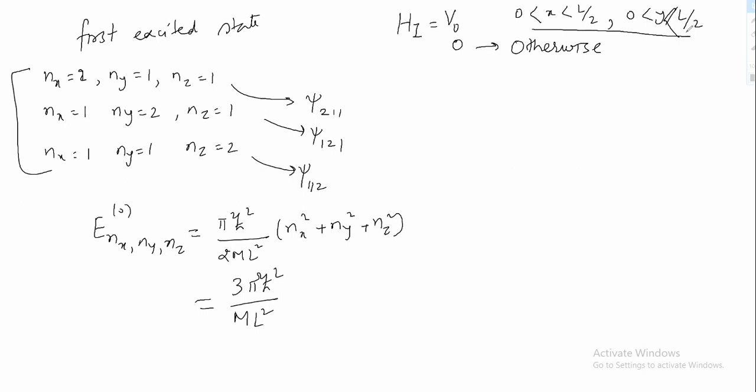That means the perturbation is applied only in 1/4 of the box. We are applying the perturbation in only 1/4 of the box, and then we want to first calculate the first order correction to the energy.